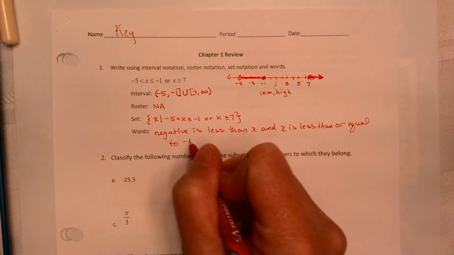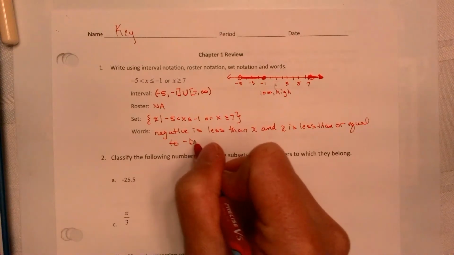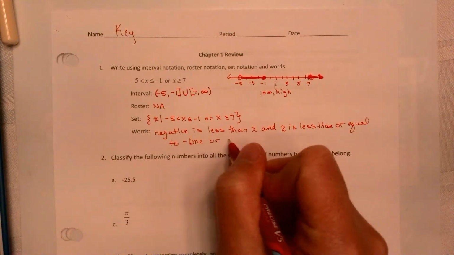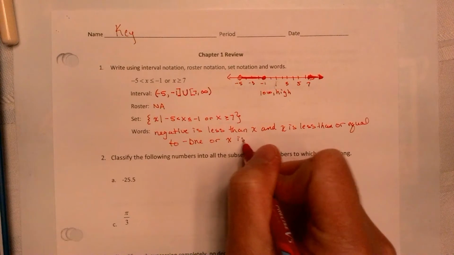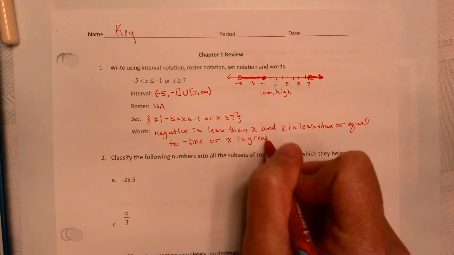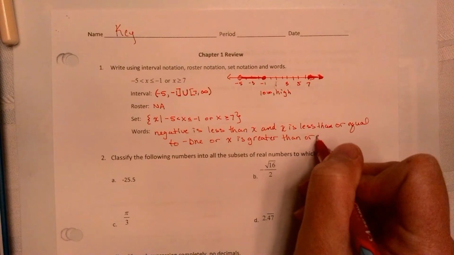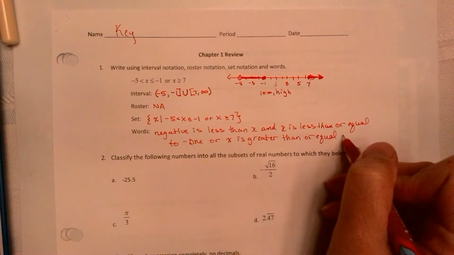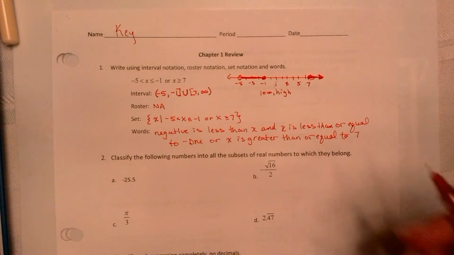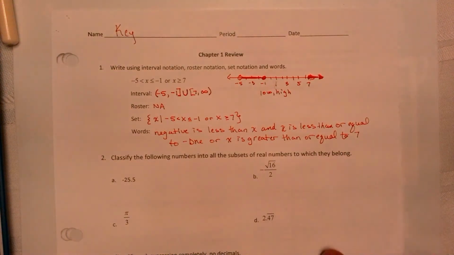Guess I could write that out. So we'll just write out -1, or x is greater than or equal to 7. It's a lot to write out. Okay, so that's how I can write it out in words.